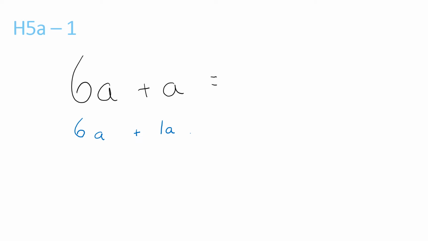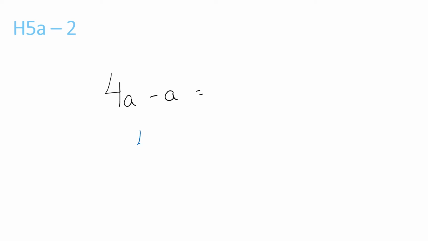If you figure this out, 6 plus 1 is 7, and then you add the a, so the answer would be 7a. It's basically just addition, but with numbers and letters.